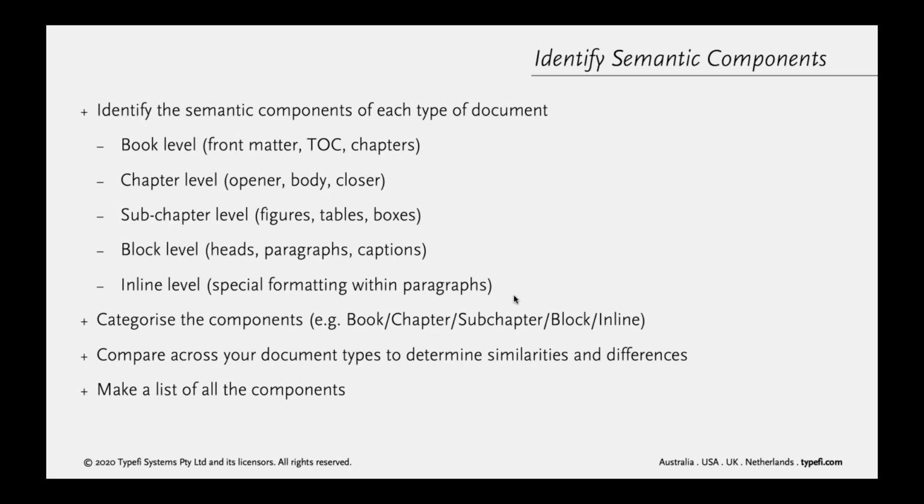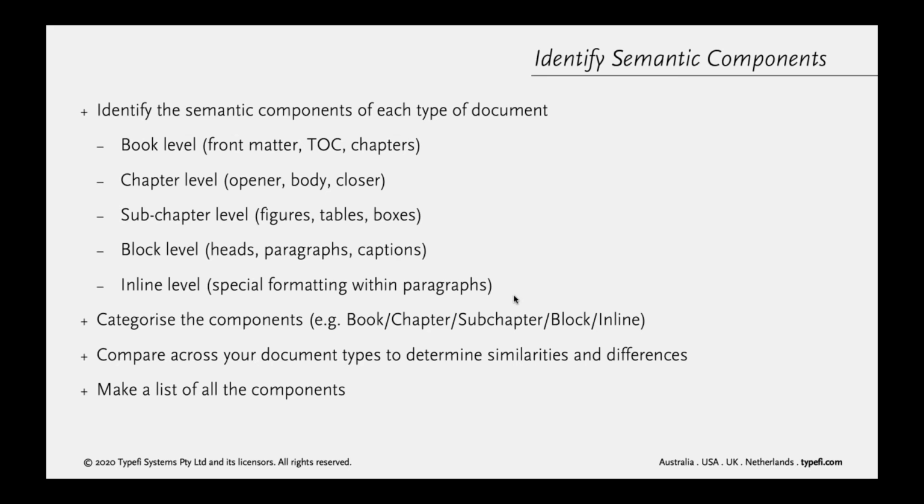So once you've identified these components, categorize them, just as we said, at different levels. For example, book, chapter, subchapter, block, inline. And then compare across your document types to determine similarities and differences.